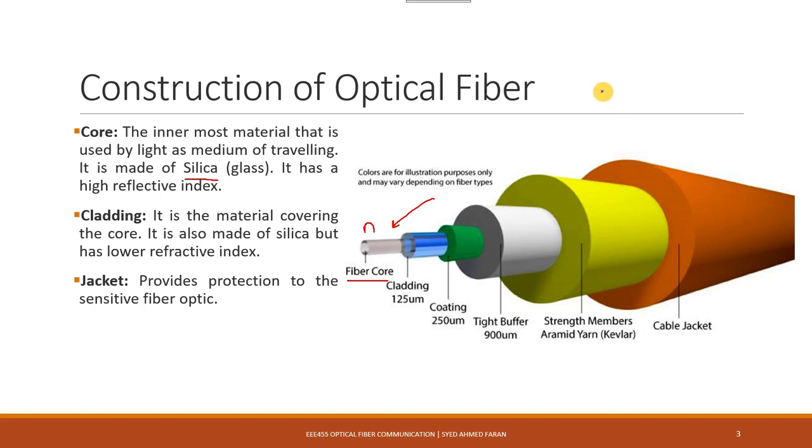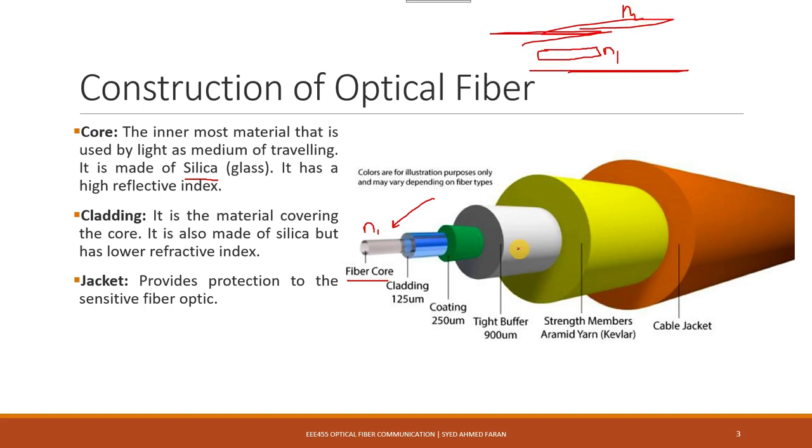Now you might notice that this optical fiber, which has its core made out of silica with refractive index, say n1, I'll write n1 over here, is not surrounded by air. In fact, it is surrounded by another medium called cladding, and this cladding has a refractive index of n2.